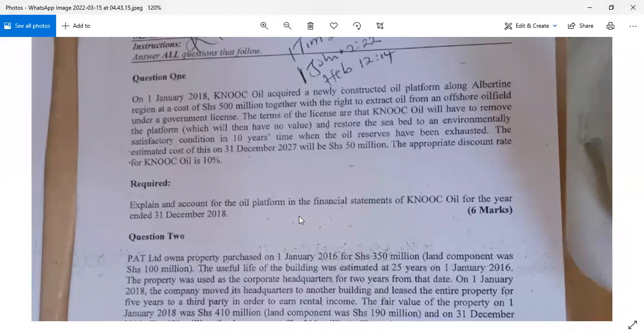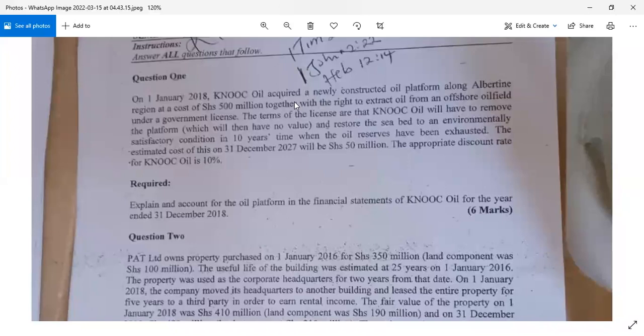The other thing is, you don't stop there. The provision, because of the 10%, keeps growing accordingly. And the 500 million has a useful life of 10 years, so you're supposed to depreciate the asset over the 10 years.